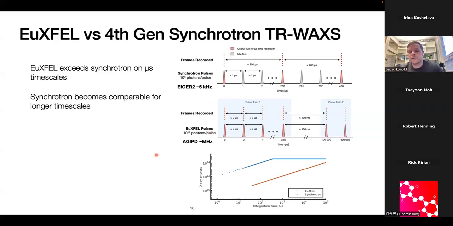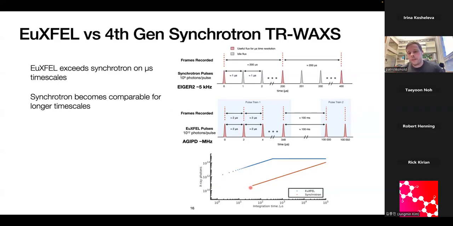Whereas in the case of the XFEL, we can read each individual pulse, and each pulse contains a few orders of magnitude more photons. So this is how we rationalize the lower noise floor that we're seeing in this experiment compared to analogous experiments at synchrotrons.